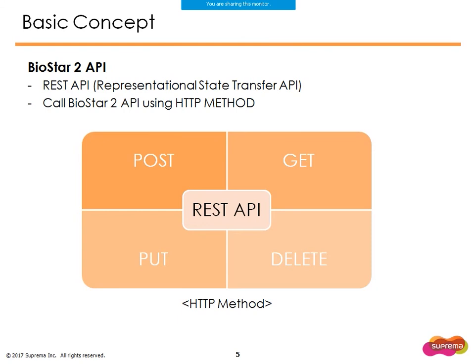The post method is used to submit an entity to the specified resource. The get method requests the representation of the specified resource. Requests using the get method should only retrieve data.